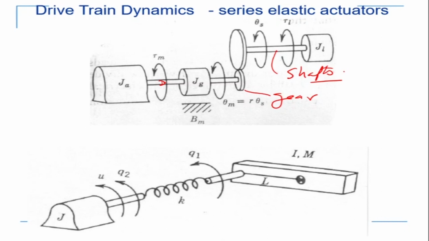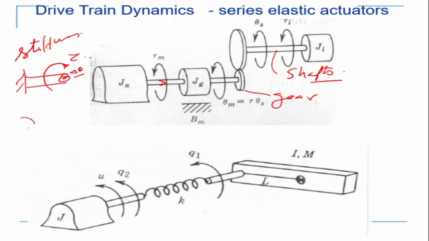Now in reality they will not be rigid bodies, so there will be some amount of stiffness there. Okay, so in a shaft, if I draw it here and I give a torque tau, there is going to be some deflection in terms of del theta, a very small amount. That is what I mean by the stiffness of the shaft. It's like a spring. You can have a linear spring or you can have a torsion spring.